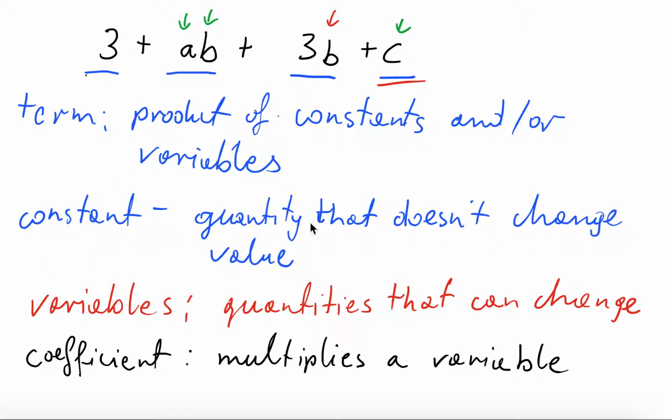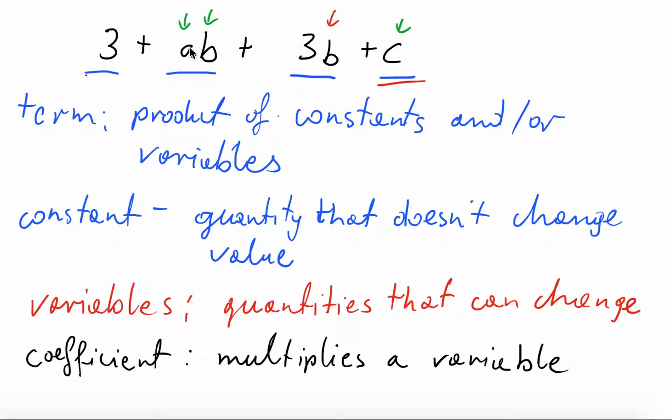Constants are quantities that don't change their value in an expression. The only term that will not change in this expression is 3. 3 cannot change because it is a known quantity, so this is a constant. On the other hand, variables are quantities that can change.